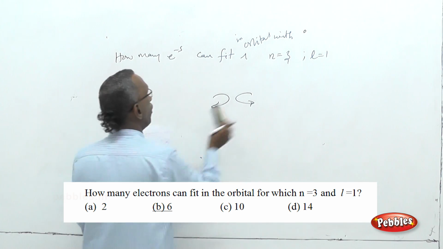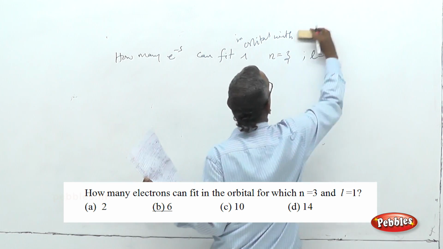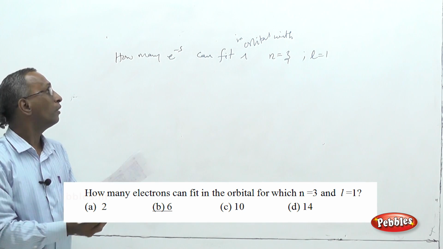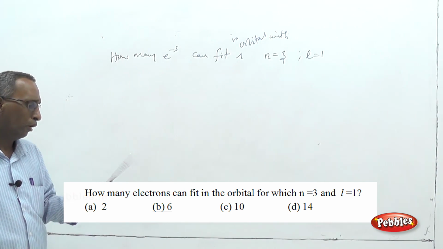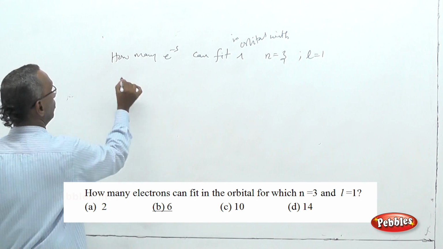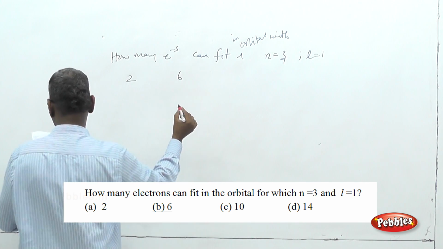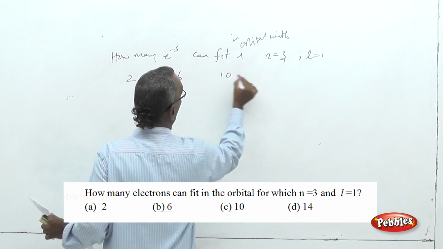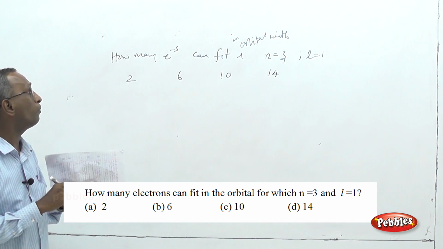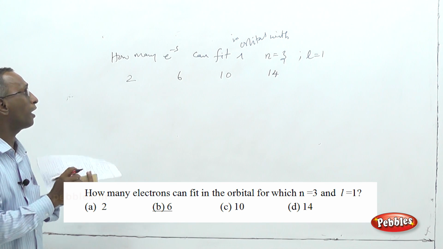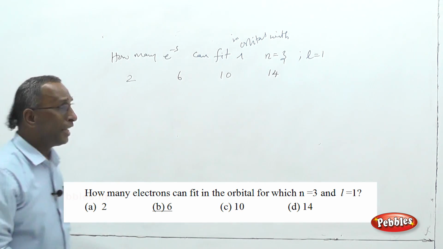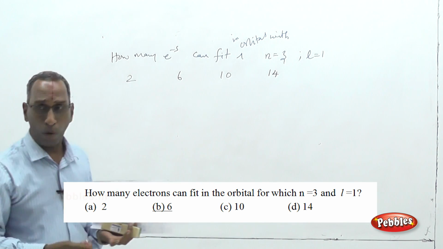The question asks this: how many electrons can be fit into the orbital with n value equal to 3 and L value equal to 1? There are 4 choices given: 2, 6, 10, 40.